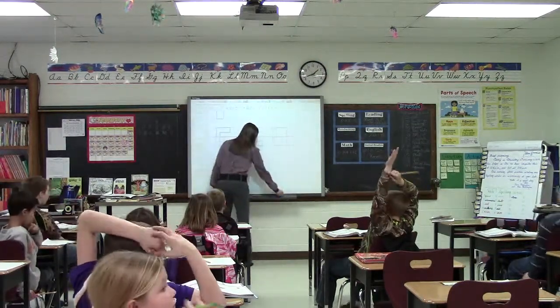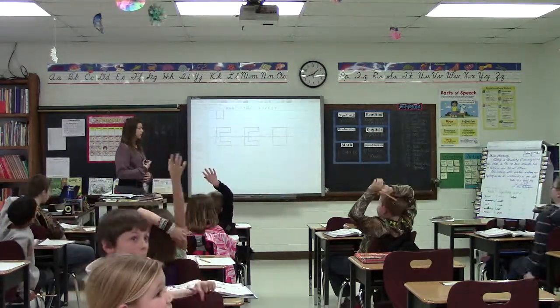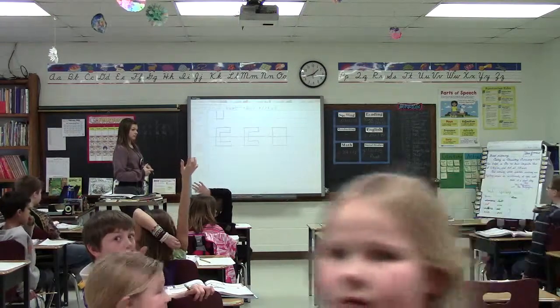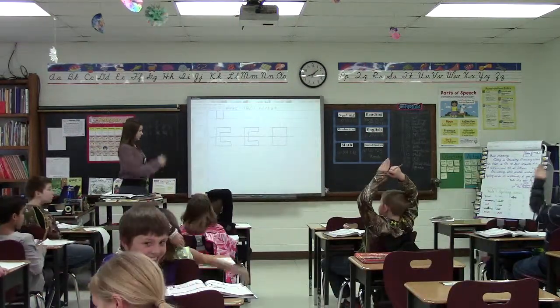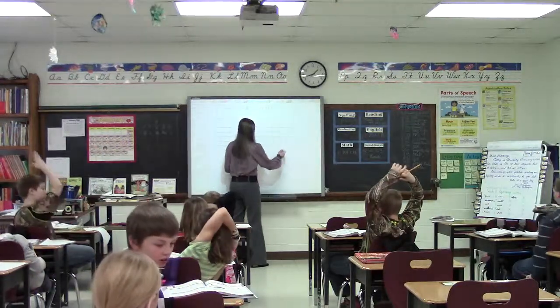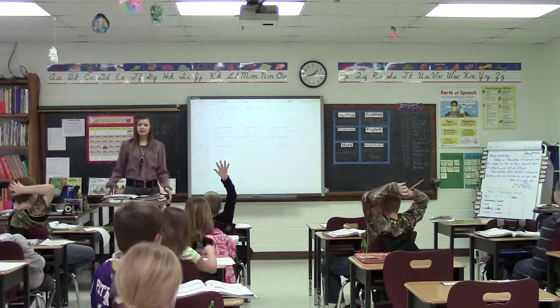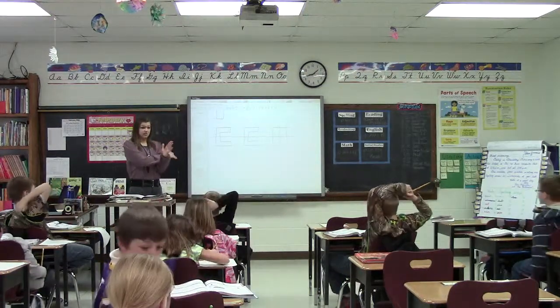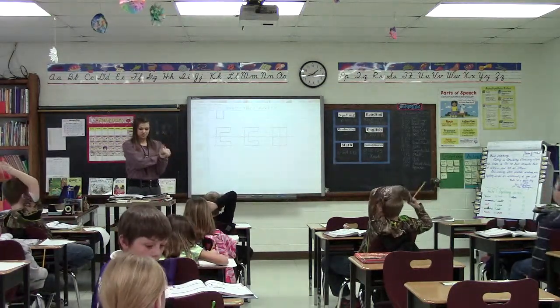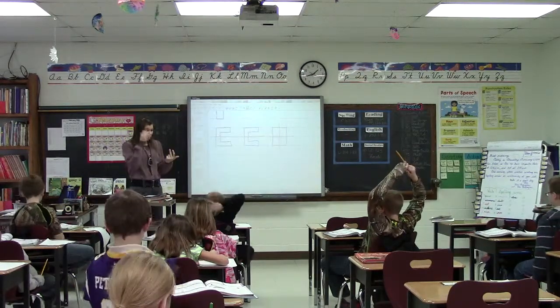I have a question. Can we cut it somewhere else? Landon? Can we cut it another way? Which way? Up and down. Okay, so some figures we're going to look at have more than one way of symmetry. So we're going to have to try and figure out how many they have, which ways we can split them.